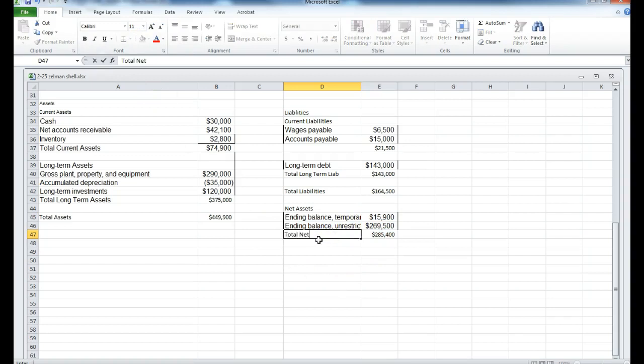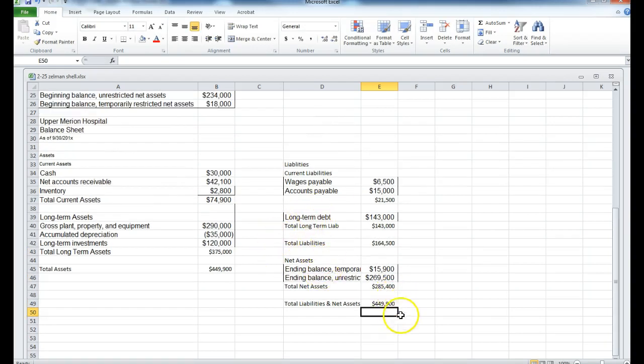So total net assets. So here we have total liabilities and net assets, $449.9. So we match, right?